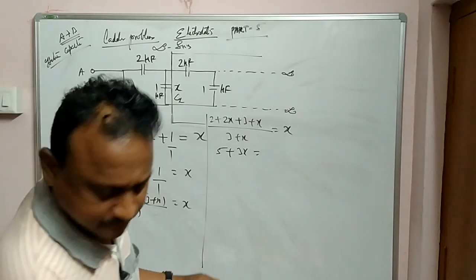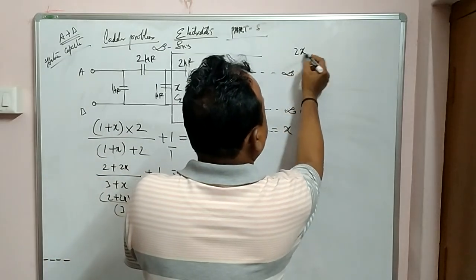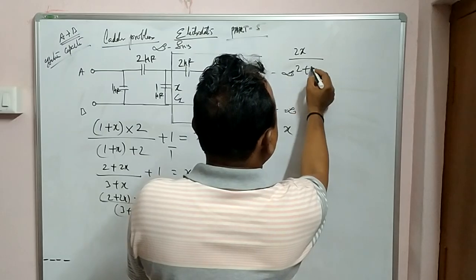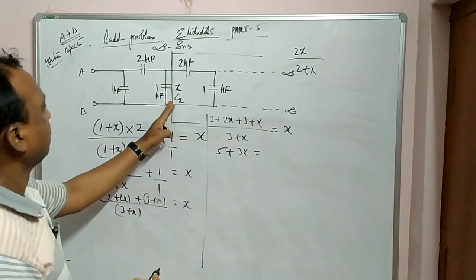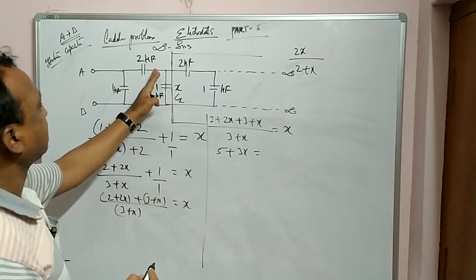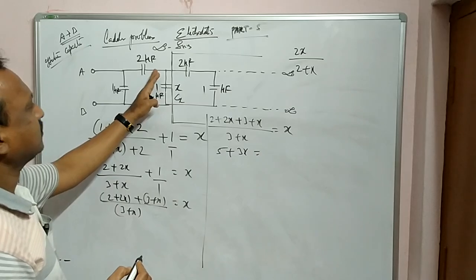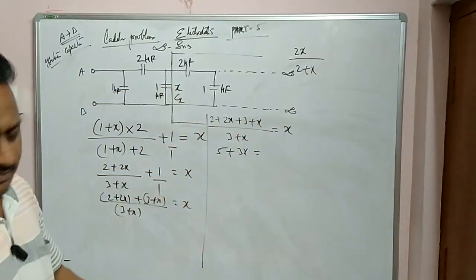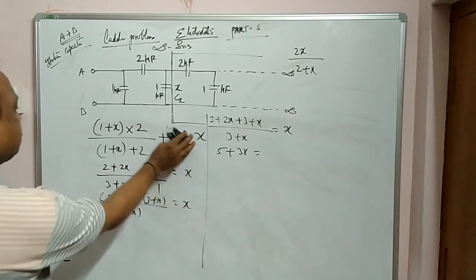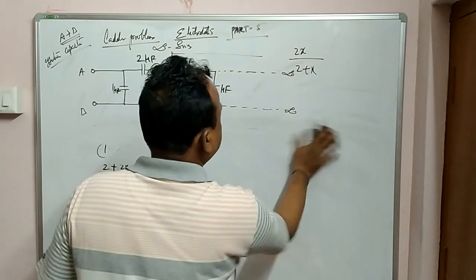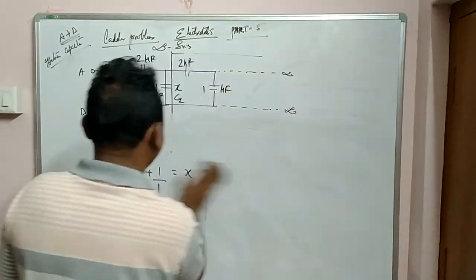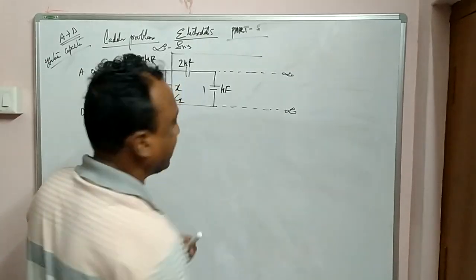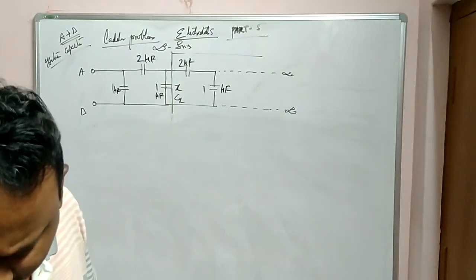Let me check up. 2 into x by 2 plus x. 2 into x by 2 plus x. Okay, we'll do one thing. I think this problem is going in a different fashion. The solution is going in a different method. Let us try one more.